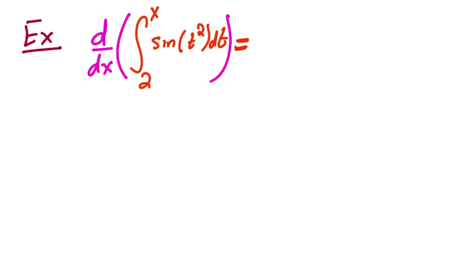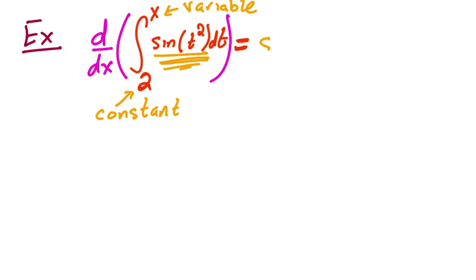It just says that as long as you're going from a constant a, those are the requirements. This has to be a constant, and this one up here has to be a variable. Then the derivative of this is simply the inside function evaluated at that variable, sine of x squared. And that's it. You're done.